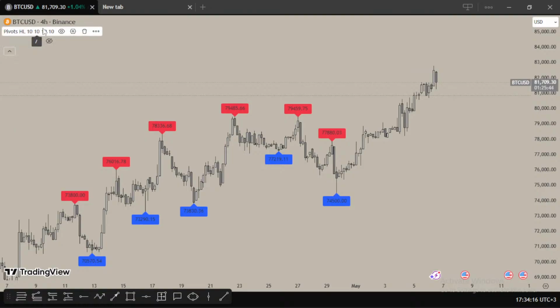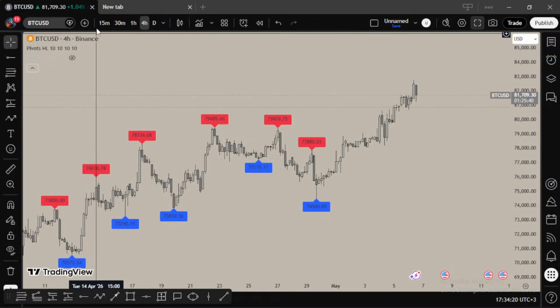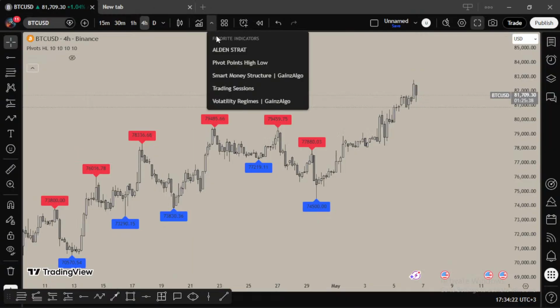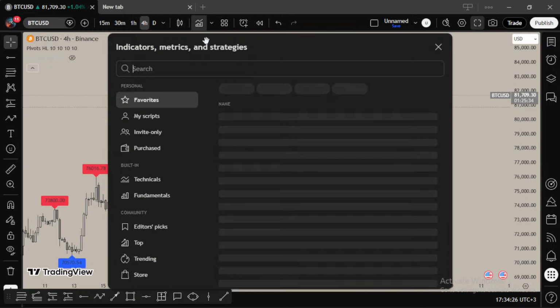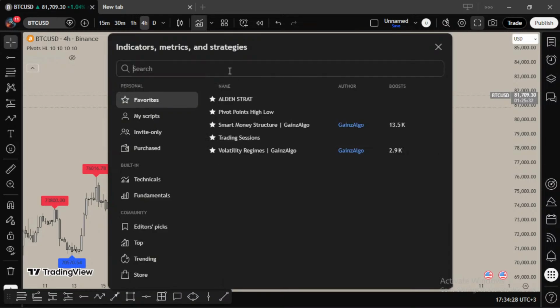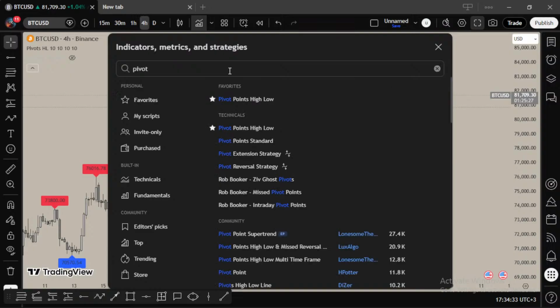If you want the indicator, you can go to indicators. Sorry, I can't remember the last time I was looking for an indicator. Just search pivot point highs and lows. You will need to start this one, not the other ones, strictly.